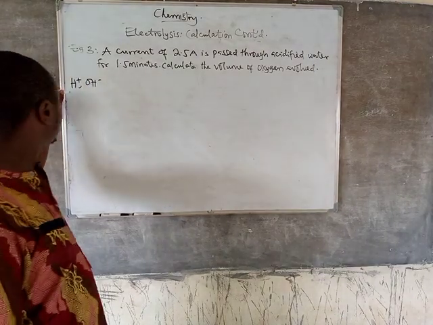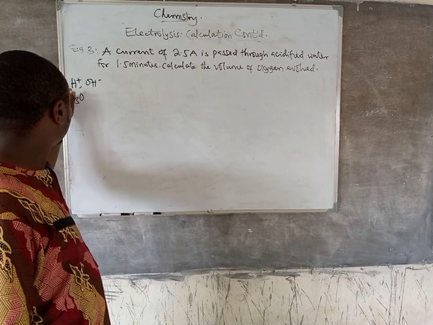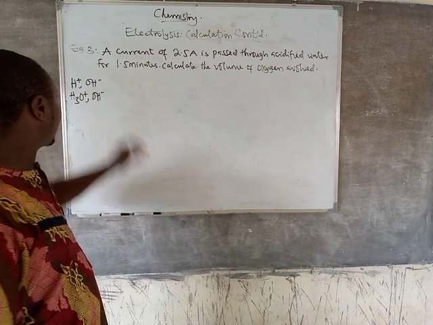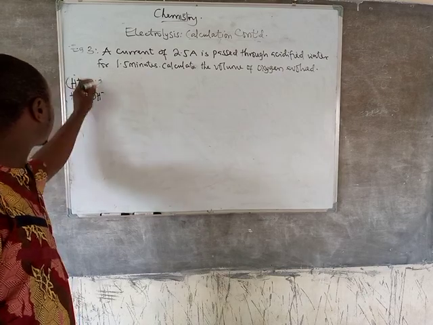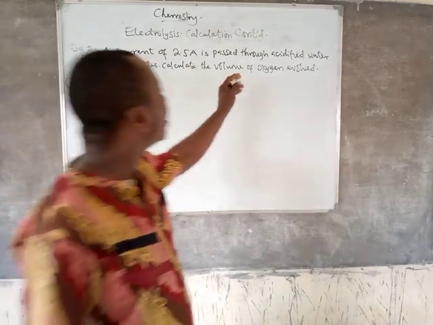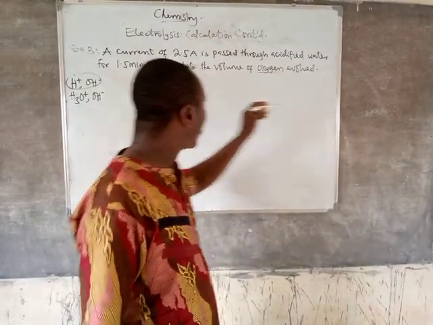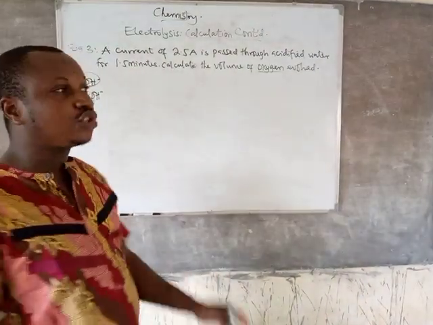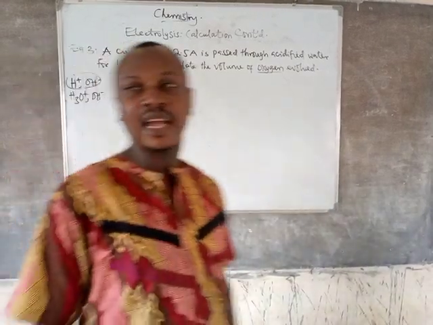Some may say hydronium ion and hydroxide ion, but for this equation, we will use hydrogen ion and hydroxyl ion. But don't forget that the question says the volume of oxygen evolved. Because of that, we deal with the hydroxide ion.